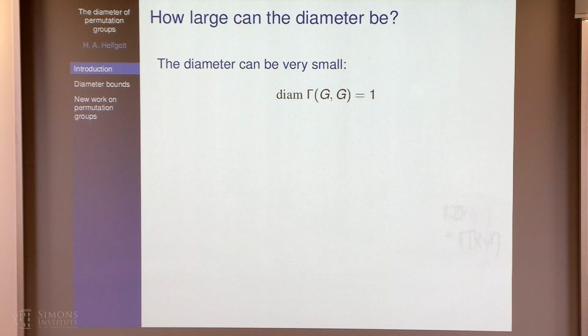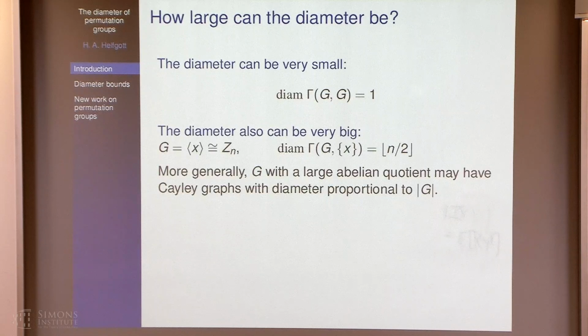So, of course, the diameter can be quite small, but, with apologies to a speaker yesterday, things really get interesting when the set of generators is bounded. Small sets of generators that are not bounded are also interesting, but at any rate. What happens then? Well, you could have that the diameter is very big.